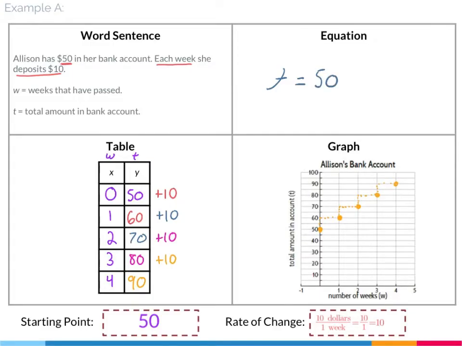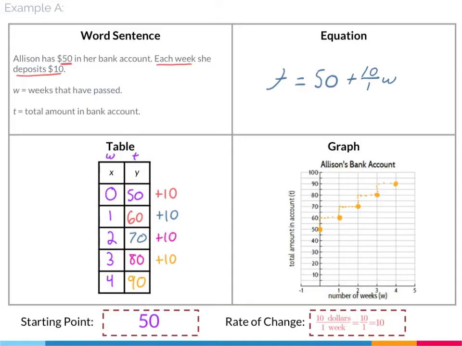So our total's going to be $50, and then we're going to be doing something. And in this case, our rate of change, we're going to be adding because we know we're going to be depositing money. So our rate of change is going to be the 10 over 1, which we can write as 10 over 1, and then times the number of weeks would be W.